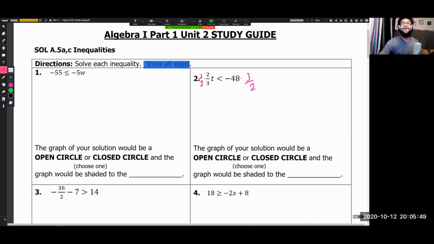And then what I have is this t left over is less than the negative 48 times 3/2.